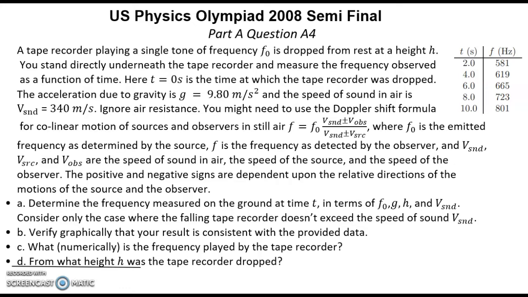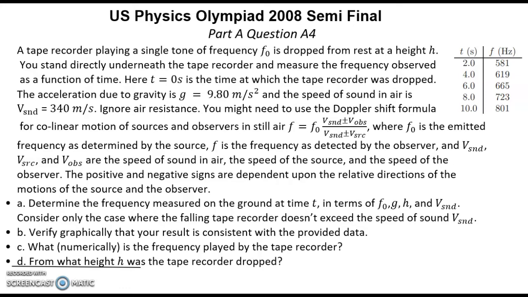Here t equals 0 seconds is the time at which the tape recorder was dropped. The acceleration due to gravity is g equals 9.8 meters per second squared, and the speed of sound in air is 340 meters per second. Ignore air resistance.